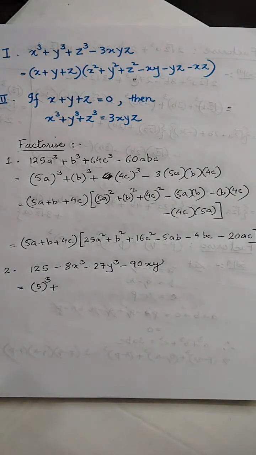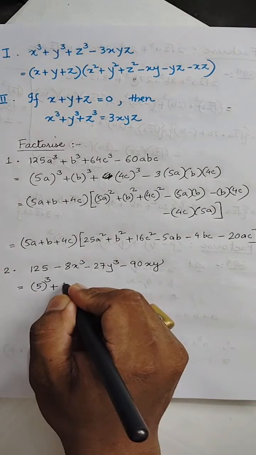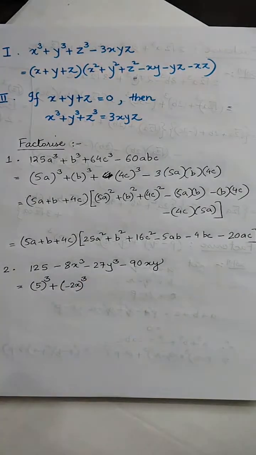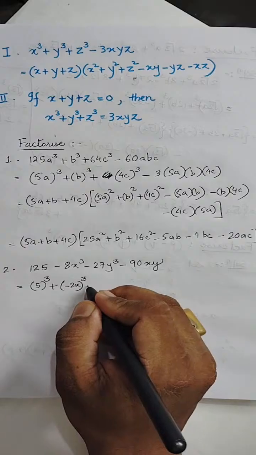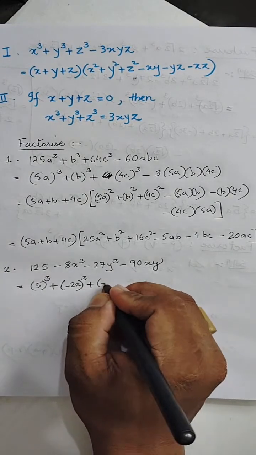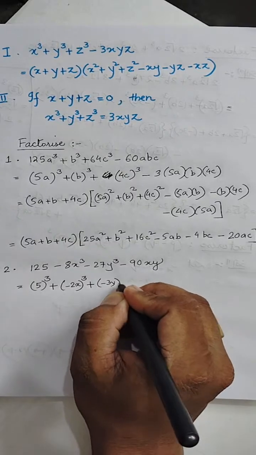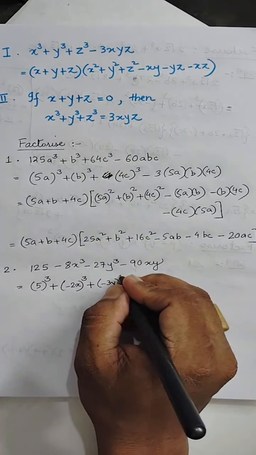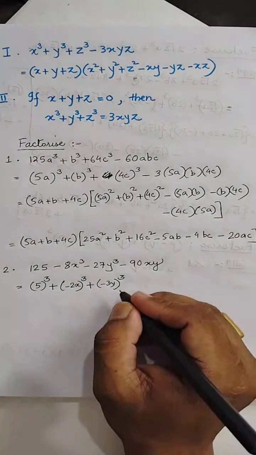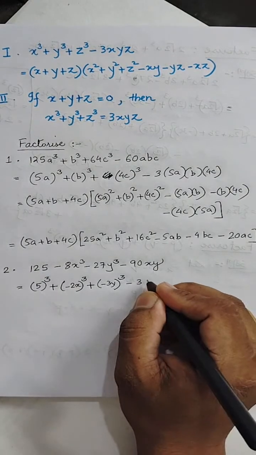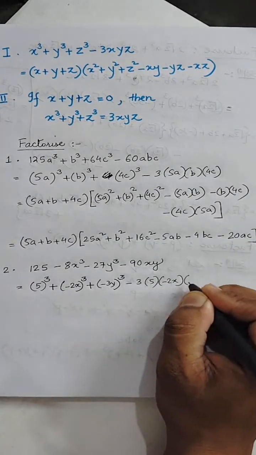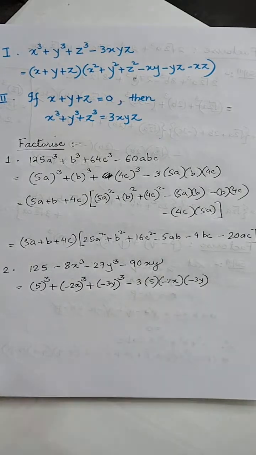Here we have to put a positive sign, okay. And then we will write minus 2x whole cube. In the similar way, we have to write the positive sign first, and then we have to write minus 3y whole cube. Then minus 3 into 5 into minus 2x into minus 3y.